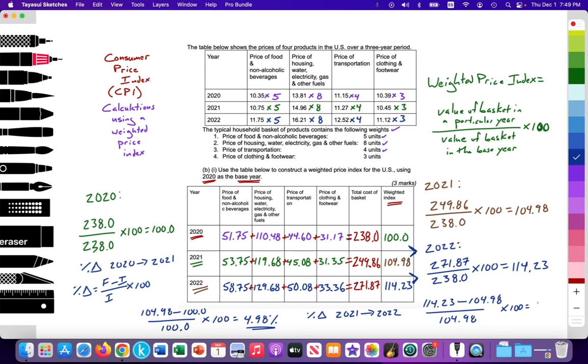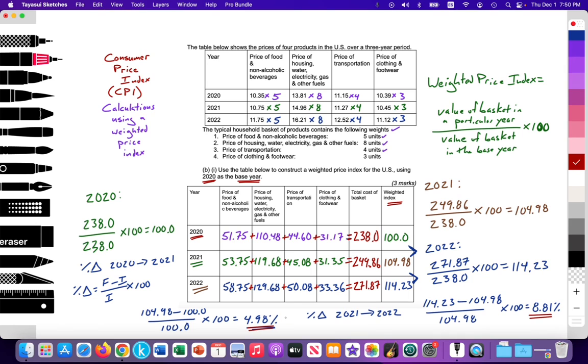And that tells us that inflation is increasing by 8.81%. Prices on average in that basket of goods and services are increasing by 8.81%, whereas in the previous year it was going up by 4.98%.